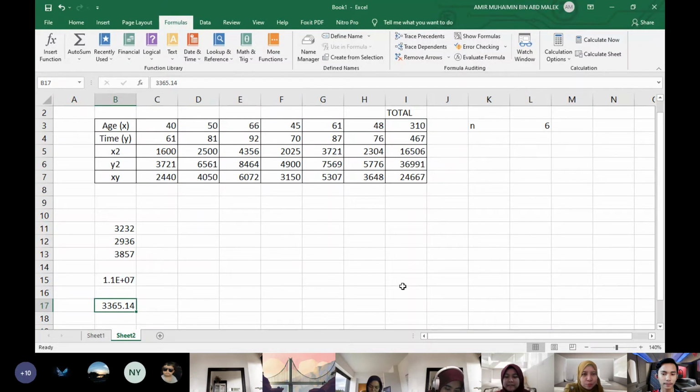Okay, so can you now show me your formula? Can you share your calculation in chat? Madam, actually, for the calculation, I wrote it here, so you can see my calculation for the upper formula.